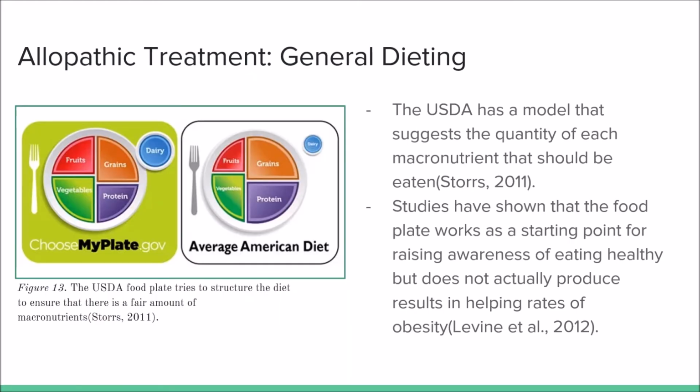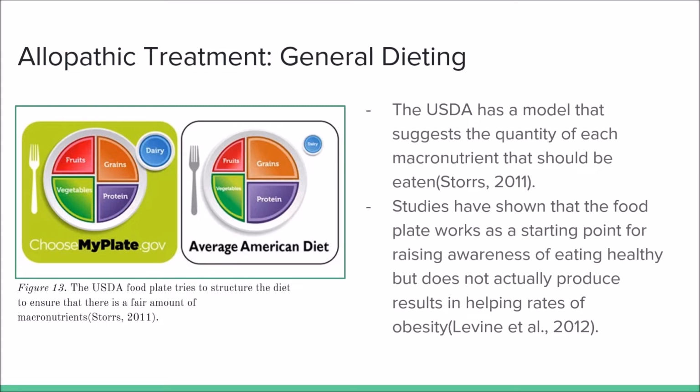The allopathic treatment for obesity is actually called general dieting, which you might know of from school. We used to have the food pyramid, but now it's MyPlate, which you can see here on the left in figure 13. It's basically splitting up how much of each macronutrient you should eat. So you can see that there's a relatively large amount of vegetables and grains, and then some fruits, protein, and dairy.